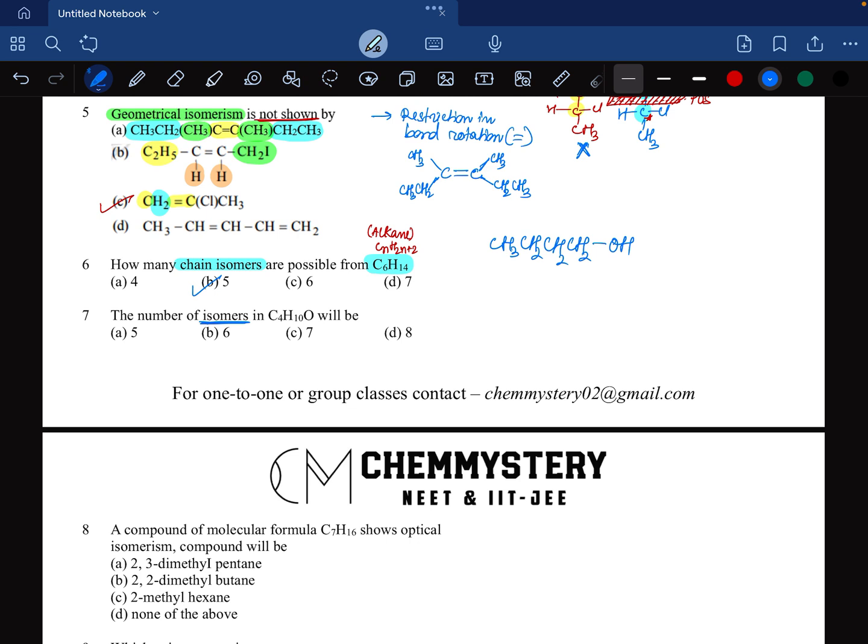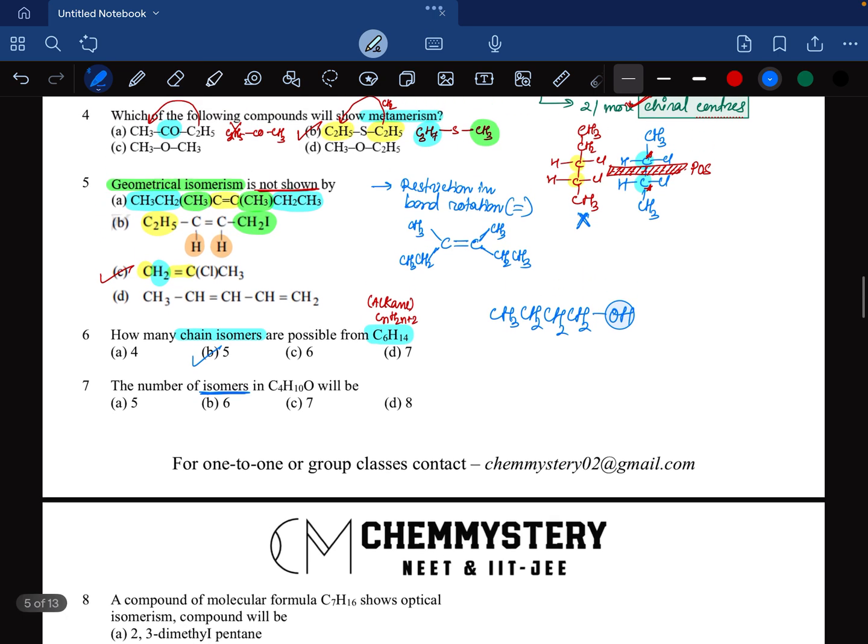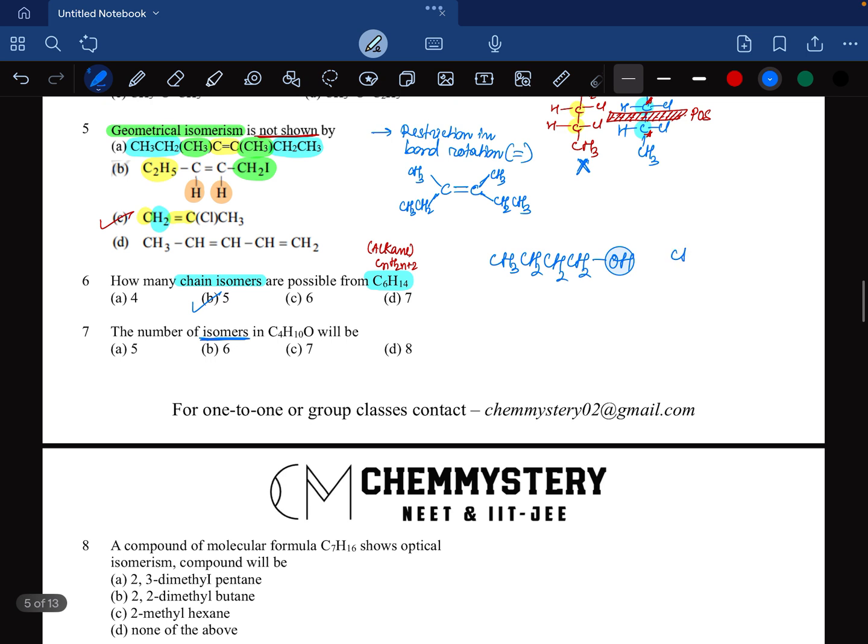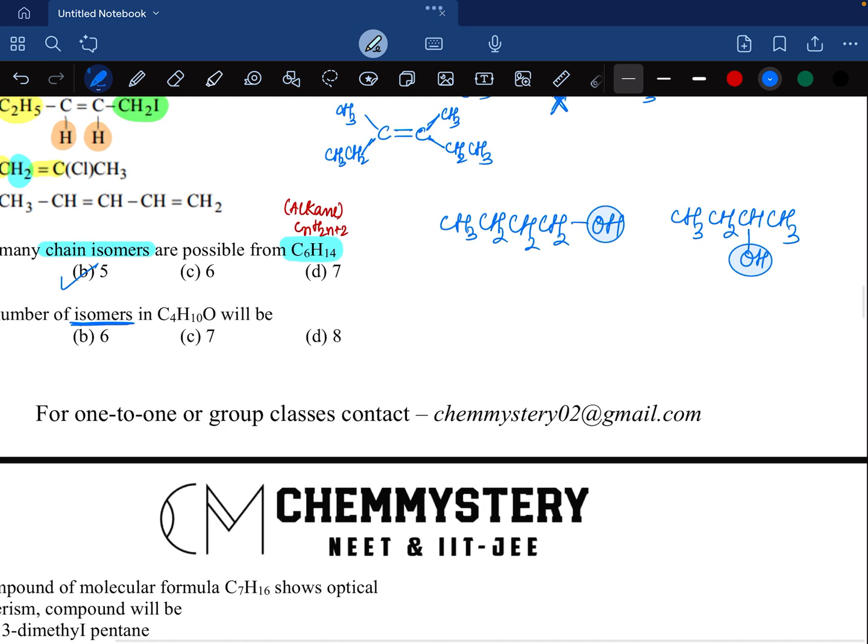Right? So this is 4 carbons. Can I change the position of OH from first to second? Possible. So let's make it CH3, CH2, CH, CH3, putting OH on the second carbon atom. Okay. Next, what else can I do?